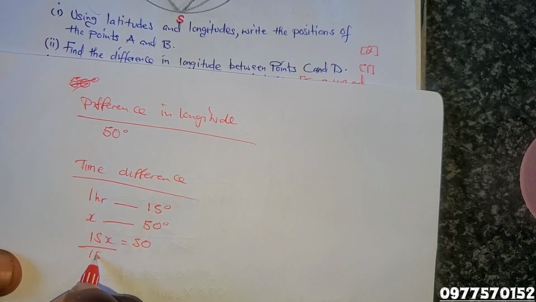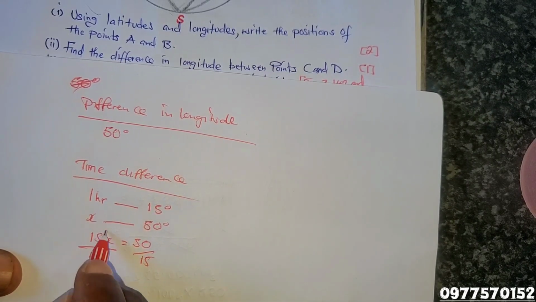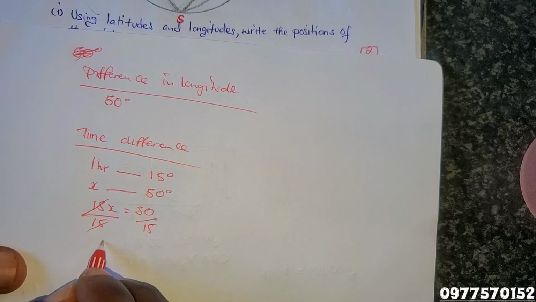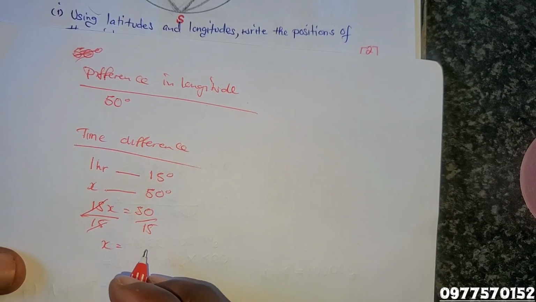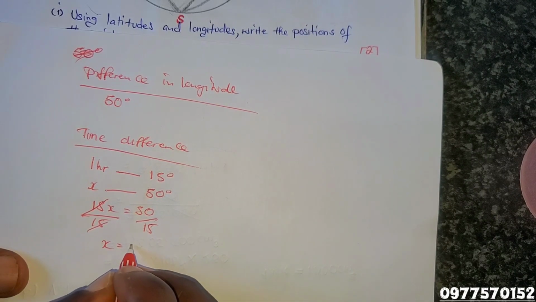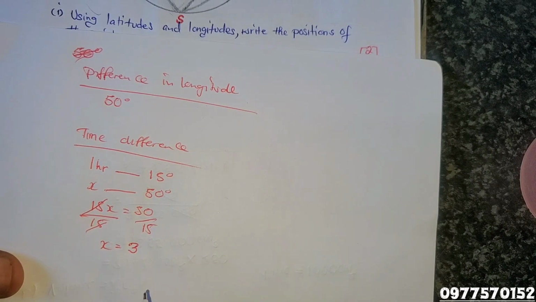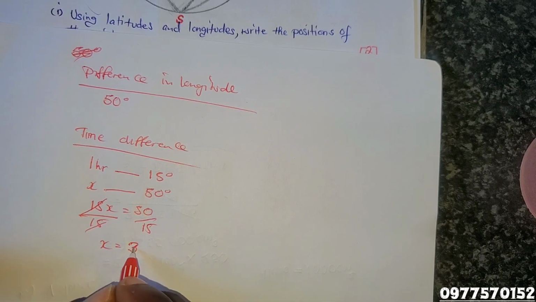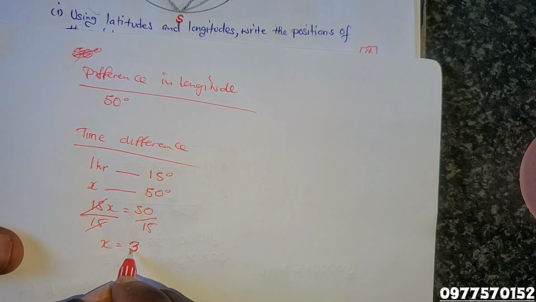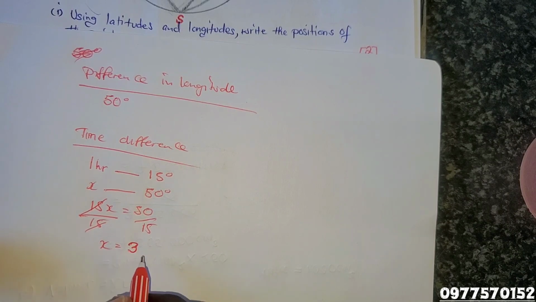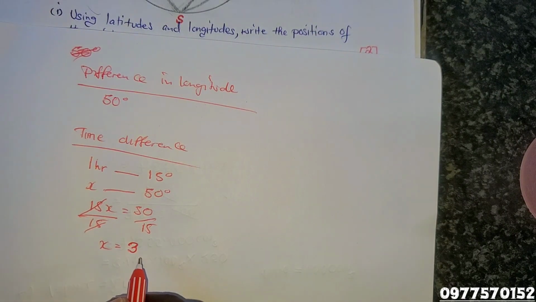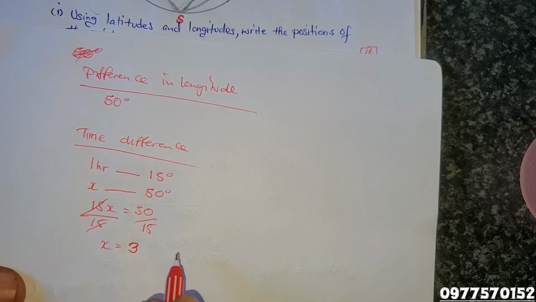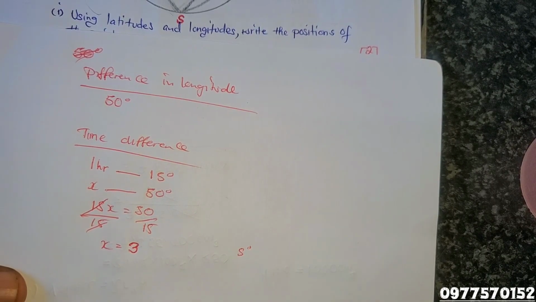So x is 50 over 15. 15 into 50 goes 3 times, remainder 5. So it goes in 45 three times, remainder 5. That remainder 5 is 5 degrees.